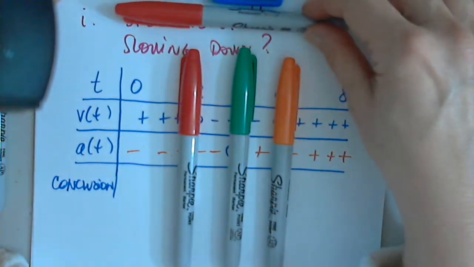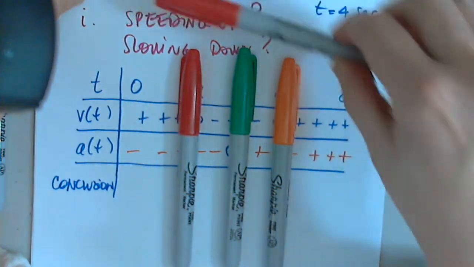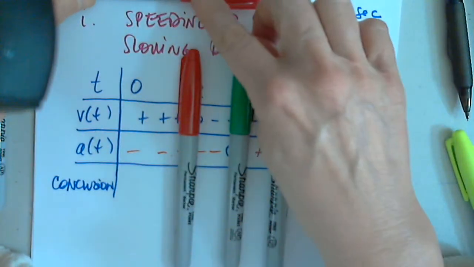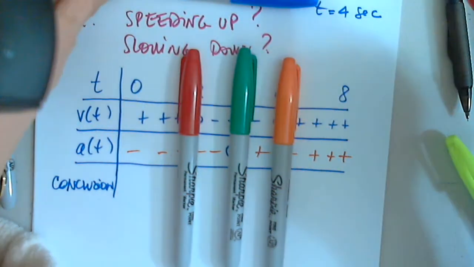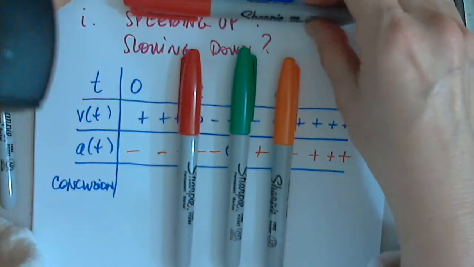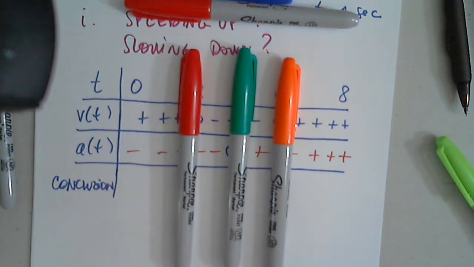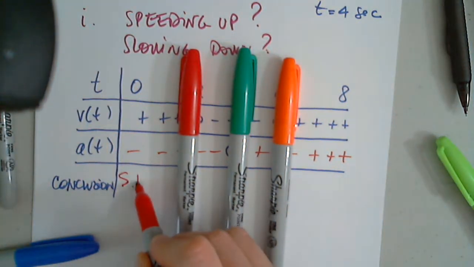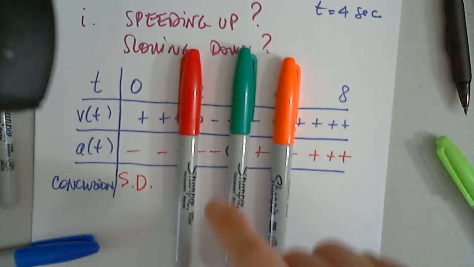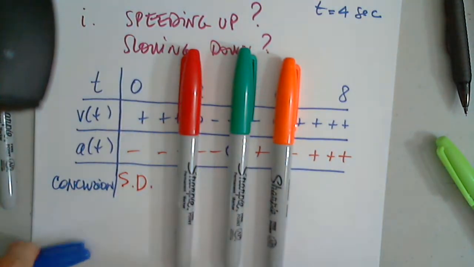They're working against each other. They are not going in the same direction, helping one another. One is going this way, the other one is going that way. Do you think that the particle is speeding up or slowing down? Slowing down. Right, of course.